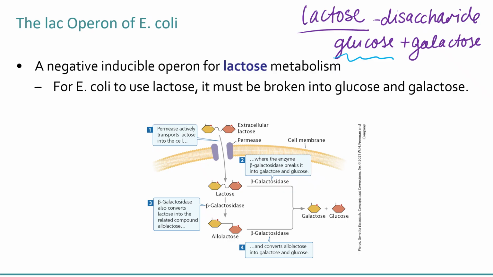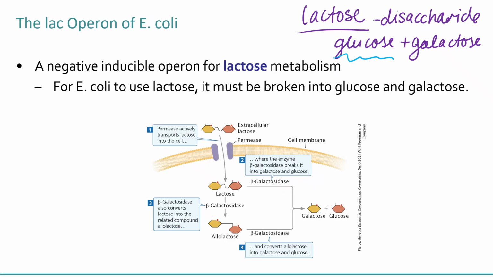So if there is lactose present but no glucose, then the cell is going to let lactose in, and it comes in by a little channel protein called a permease. This allows that lactose to come in, and then we start our process of breaking down this sugar.